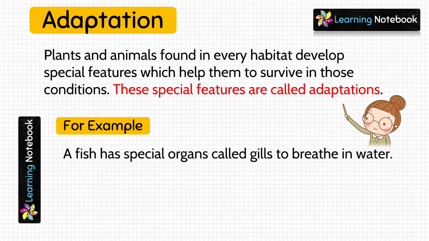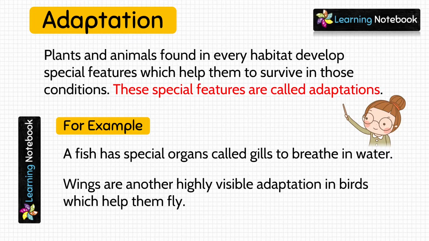See some examples of adaptation. A fish has special organs called gills, which help it to breathe in water. Wings are another highly visible adaptation in birds, which help them to fly.